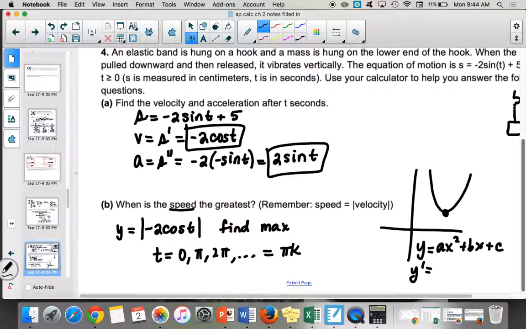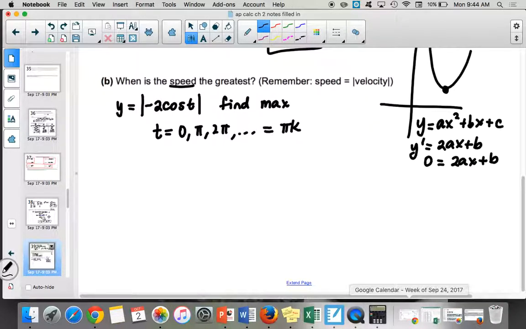What do you get when you do the derivative? 2ax plus b. What if you set it equal to 0 and solve for x? You get negative b over 2a equals x, right? That's finding a maximum or minimum. That came from calculus, that equation that you used all the time in algebra 2 and pre-calc.